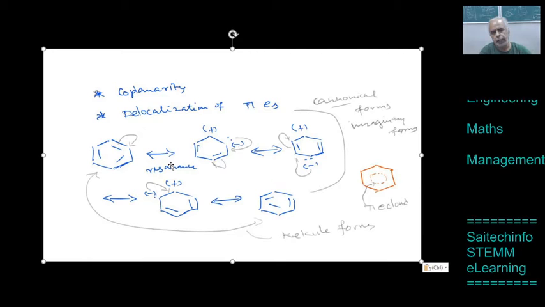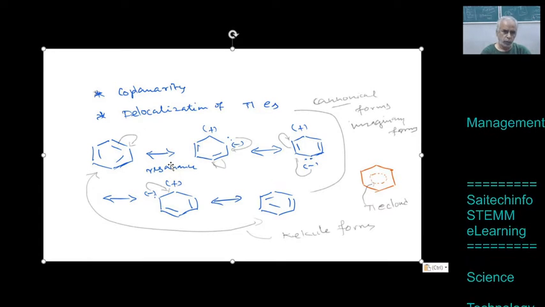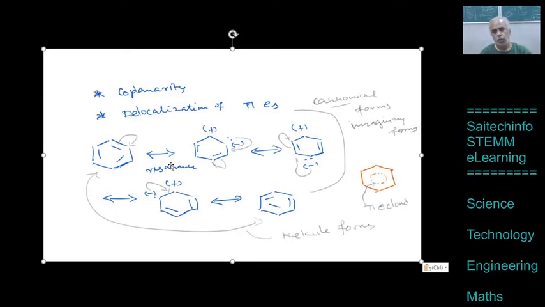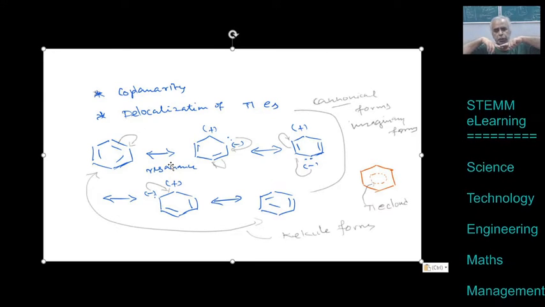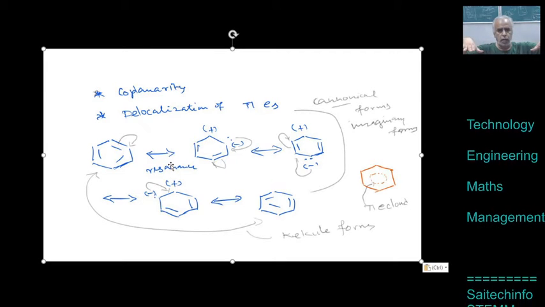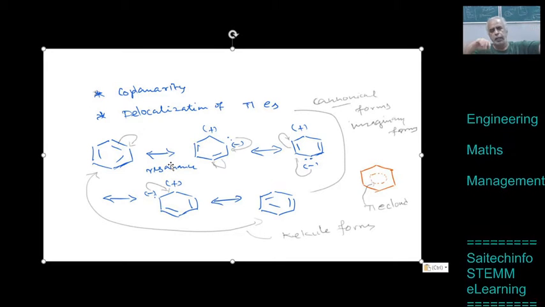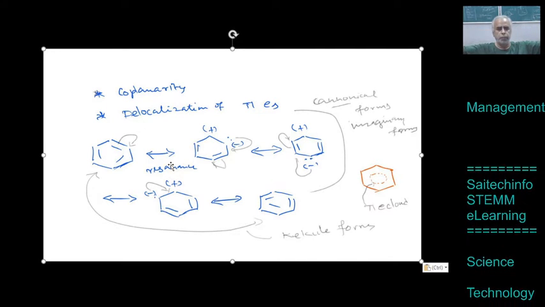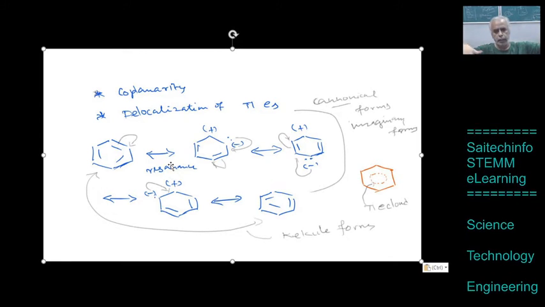That is called coplanarity. When you look at benzene, you have got a hexagon-like formation of carbon as a hexagon ring, and from each carbon a hydrogen is extended. All are lying in the same plane, and that's why it's called coplanarity.